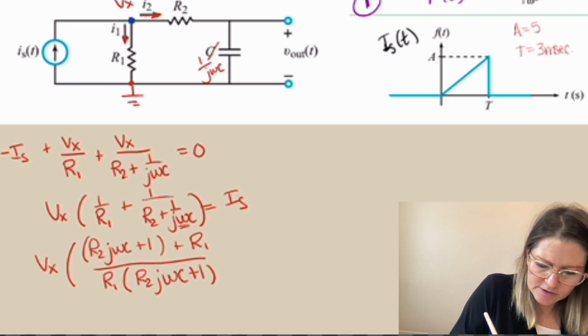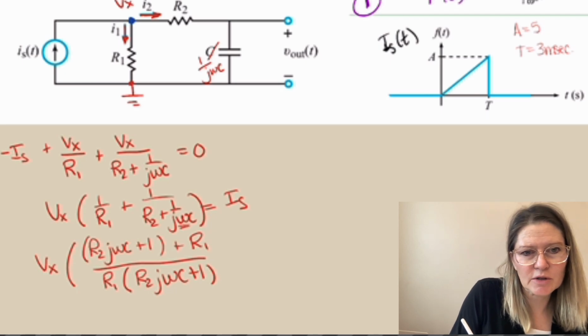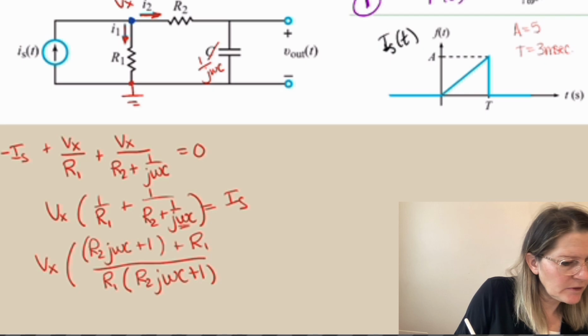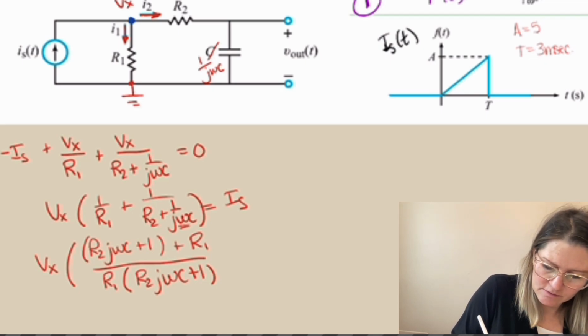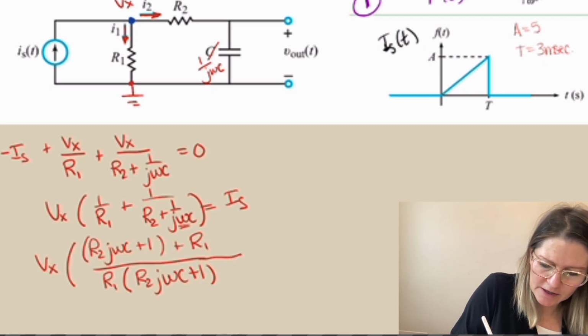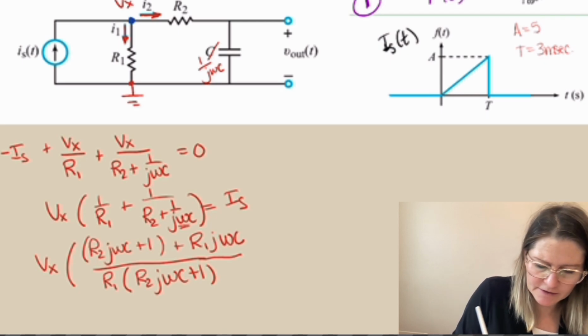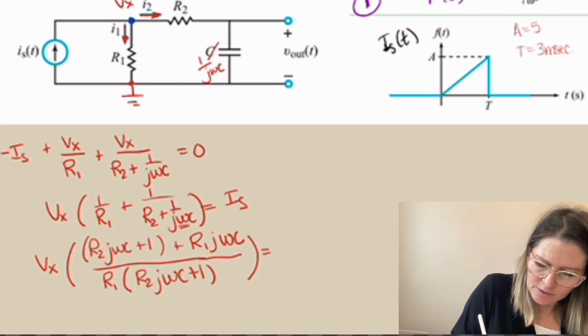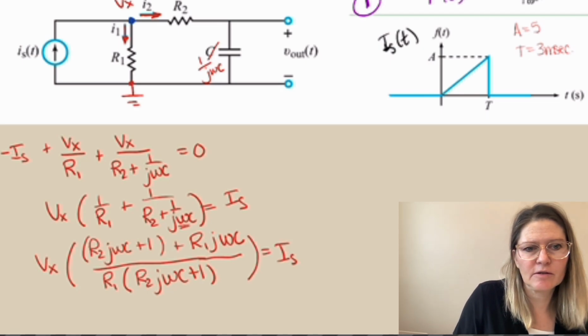So here I just multiplied that out to get R2 j omega C plus 1. And so when I do that, the j omega C will go to the top. So that will give us an R1 j omega C, and that's equal to Is.